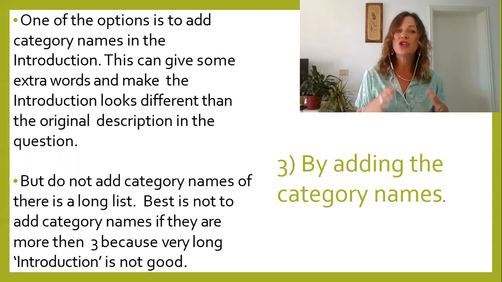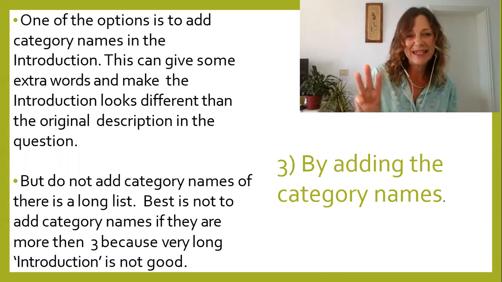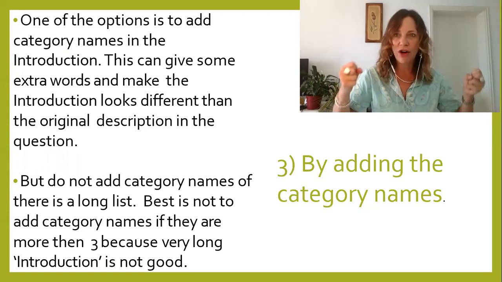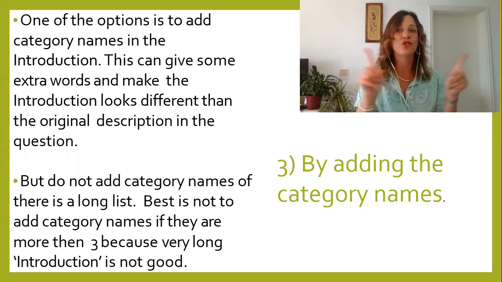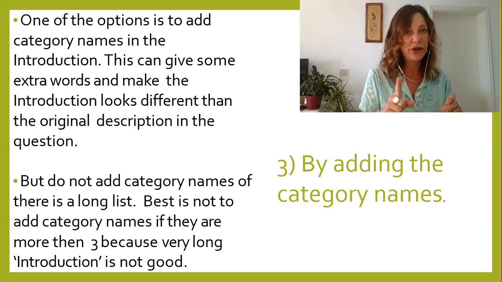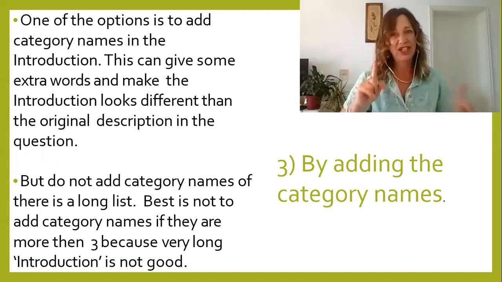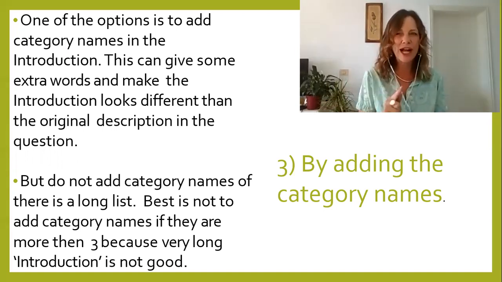So it's best not to add category names if there are more than 3, because it'll be very long in the introduction, and we do not, remember, want to list in task 1. We need to explain, and just listing will actually lose you marks. So it's a good idea if there's just a few categories.